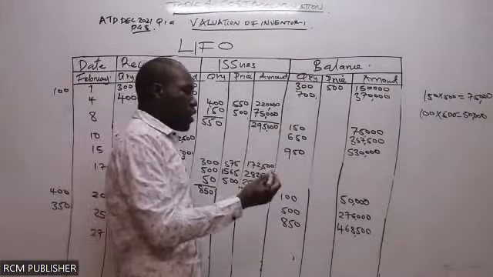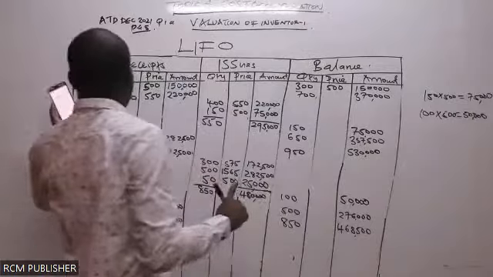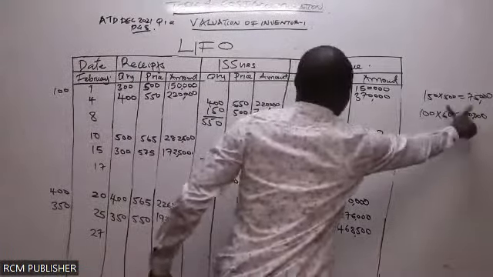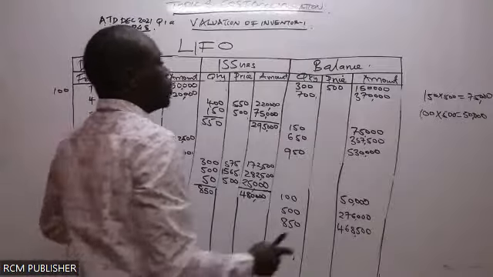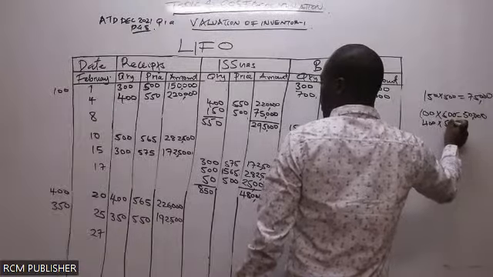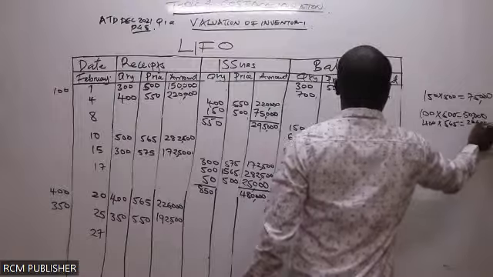Now, how do I arrive at 850? In terms of price now, I have 100 by 500 to give me 50,000. Then I have 400 by 565 to give me 226,000.